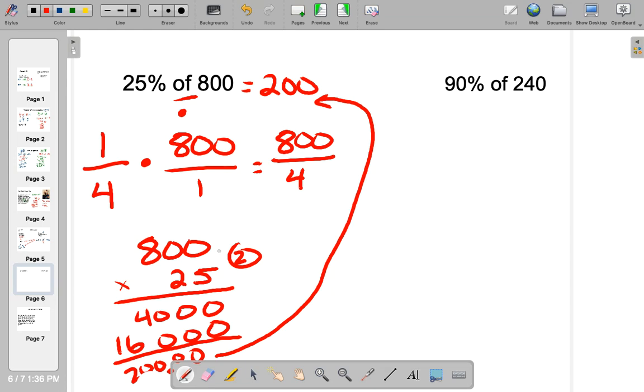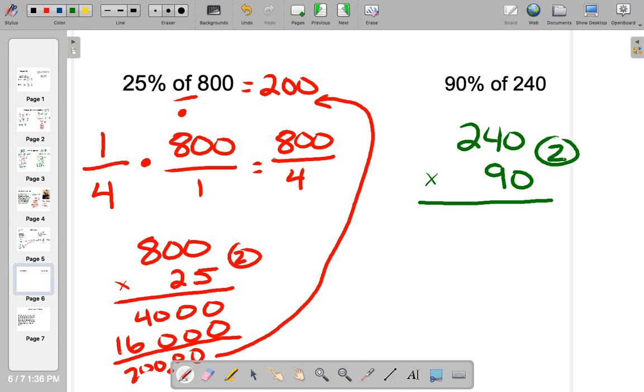But if we look at the problem here on the right, 90% of 240, you could do this as a fraction, but this is the type of problem most of my students will then do as a decimal. 240 times 90 hundredths. I'm going to shortcut one step here and write it like that because we've done that a ton.